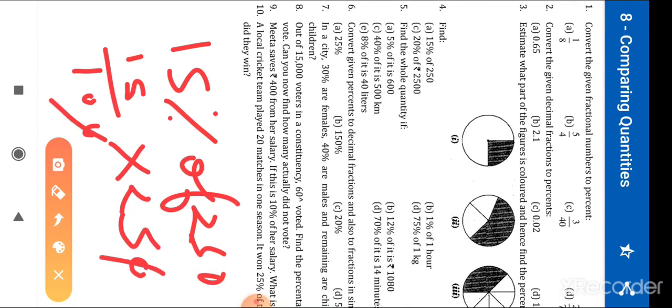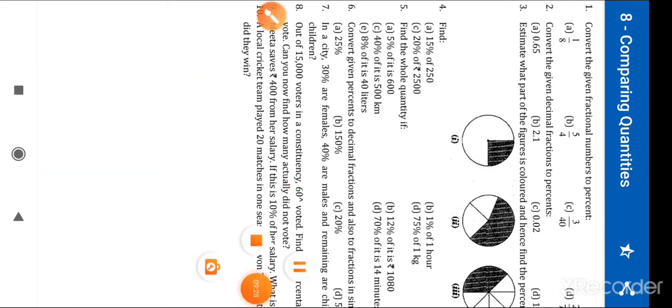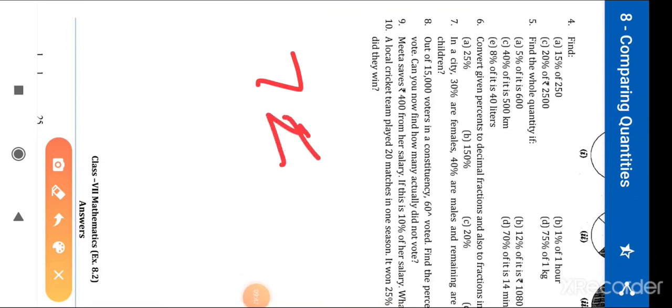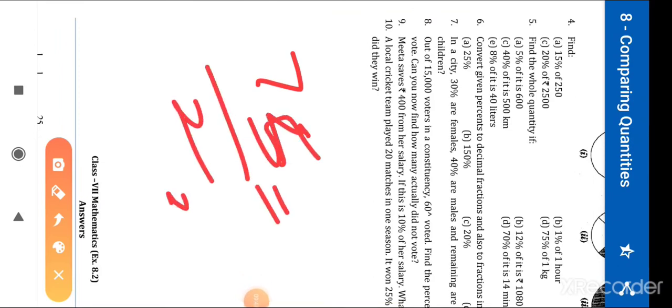After simplifying this, we have 75 by 2 and its answer is 37.5. 37.5, not in percent.